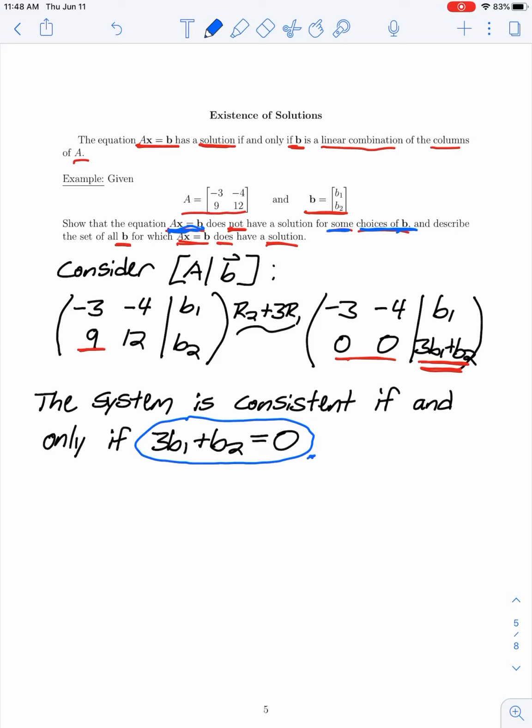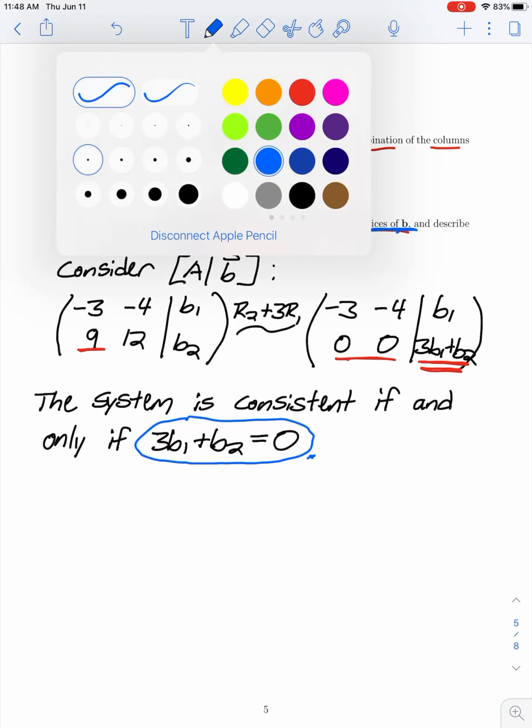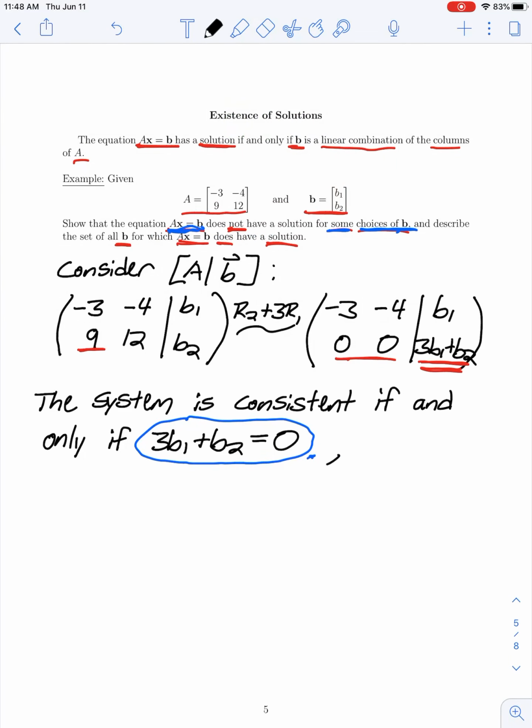This is a linear equation involving two variables, B1 and B2. Equivalently, we could think about this condition as being B2 is equal to -3 times B1. So this is defining a line in the plane, in R2, a line of slope -3 passing through the origin.